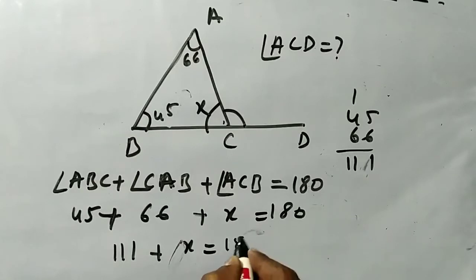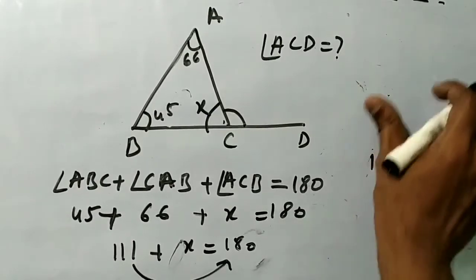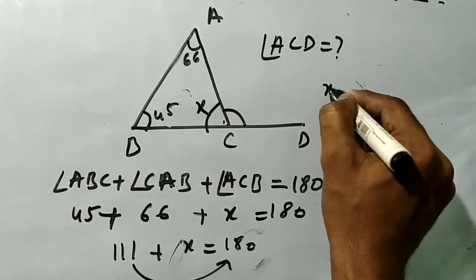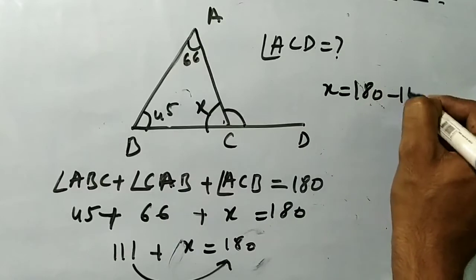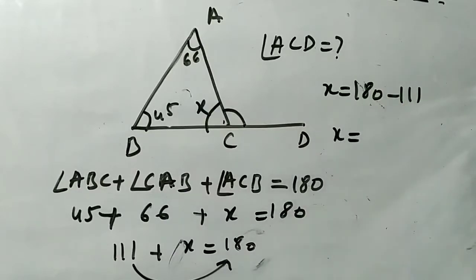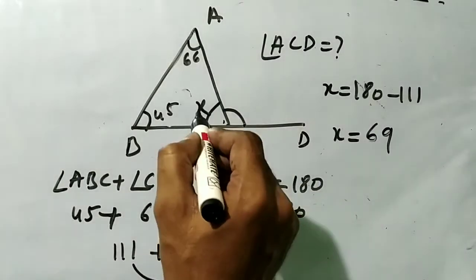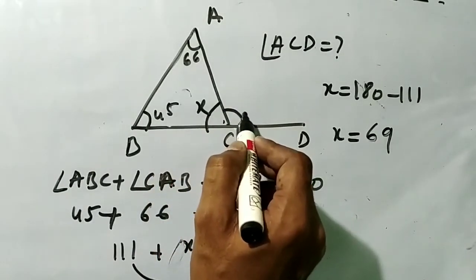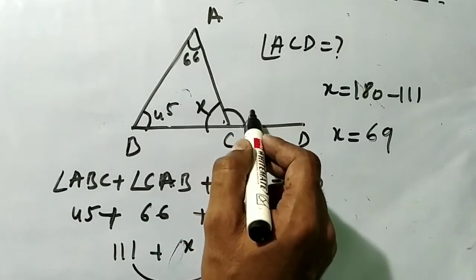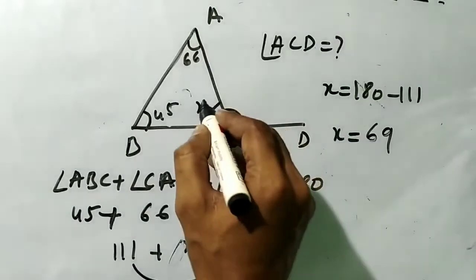When it goes to the RHS, it becomes minus. That is, X is equal to 180 minus 111, so we got 69 here. This X is equal to 69, but that is not ACD, so we have to find the ACD.